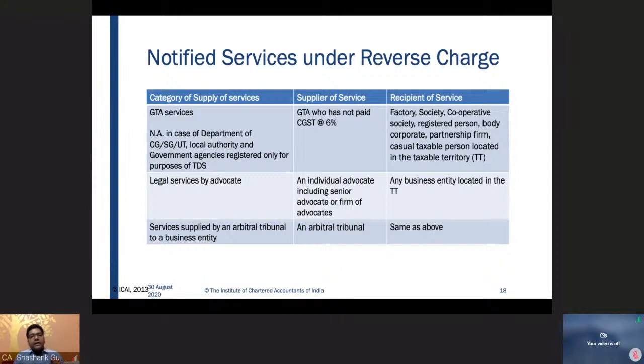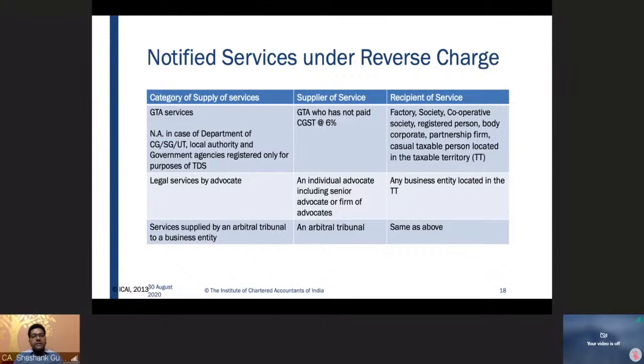For any transportation service to qualify as GTA, a consignment note must have been issued. So consignment note is a must for a transportation service to qualify as GTA service.